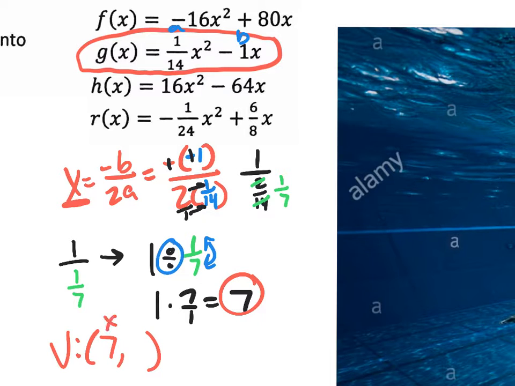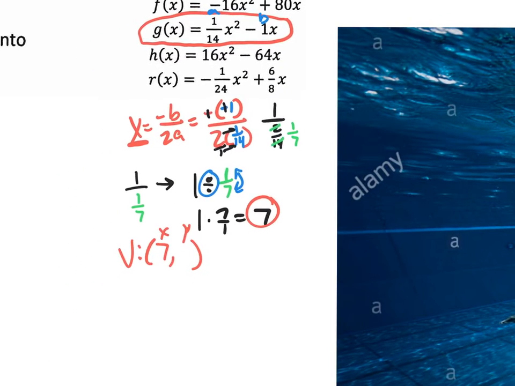I still need the y value. And the y value is what really tells me the up and down, how deep this diver actually goes. All right, so I need to find out that y value by plugging in the x value. So let me get some space here. I'm going to rewrite my function exactly the way it is, but instead of x's, I'm going to put parentheses. So I have 1 over 14 parentheses squared minus 1 times parentheses.